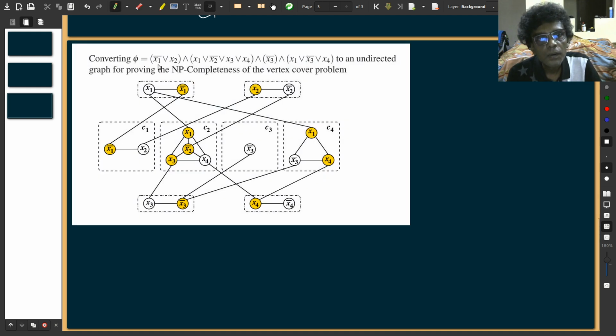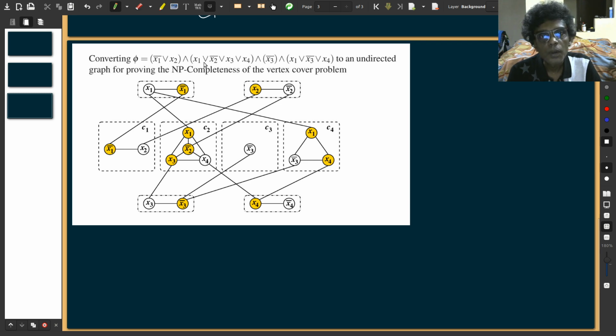Okay, so there are 4 variables: x1, x2, x3 and x4. So these are the variable gadgets: x3 complement, x4 complement, and I connect them. And this clause has x1, x2, a complete graph consisting of just one edge here.